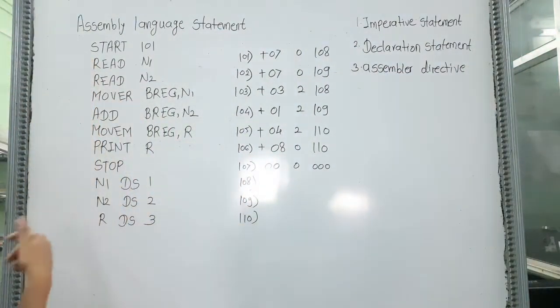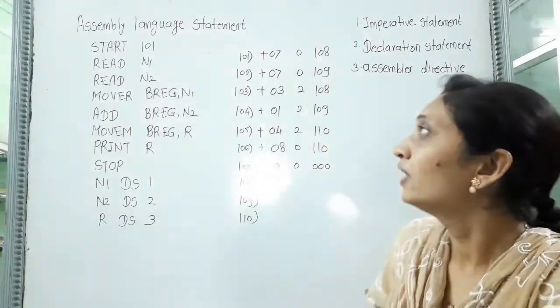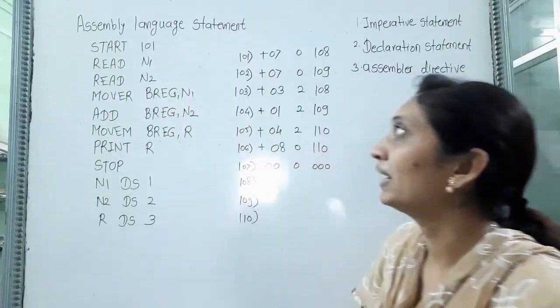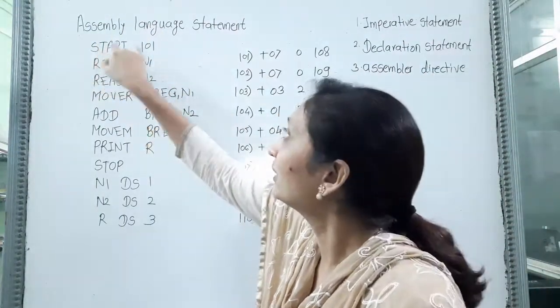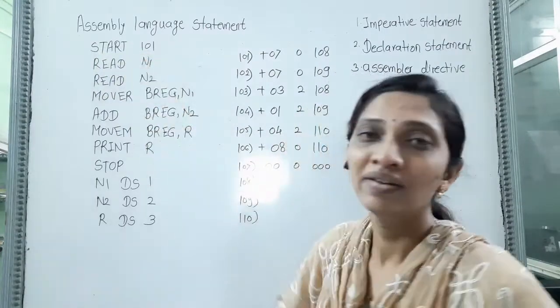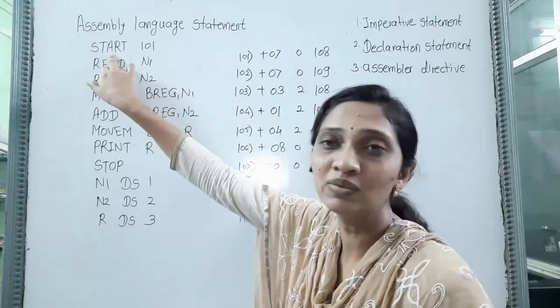Now, which statements are imperative, which are declarative, and which are assembler directive statements?